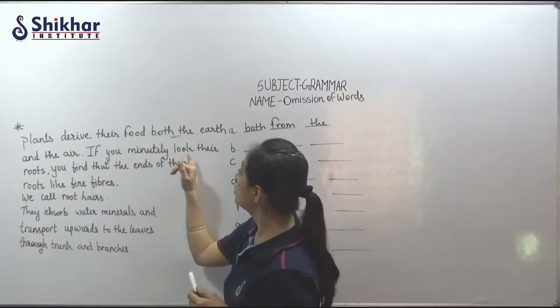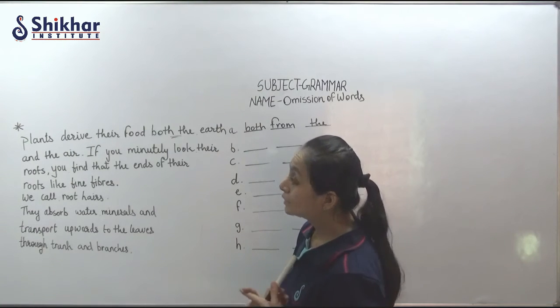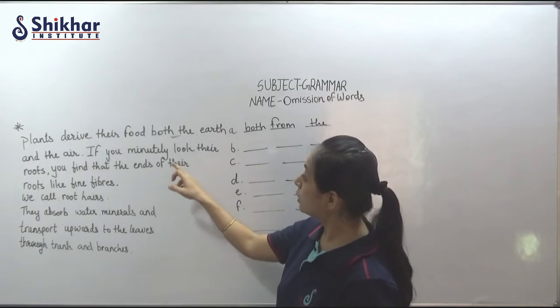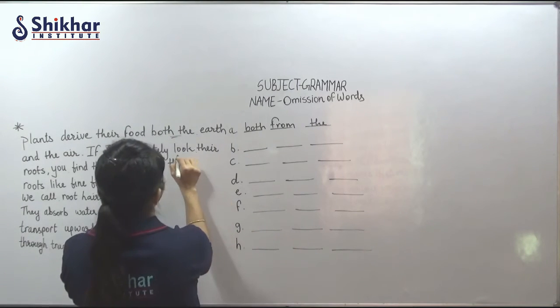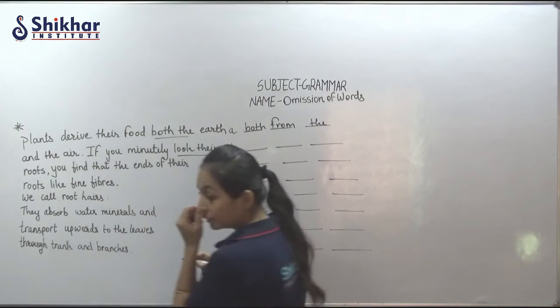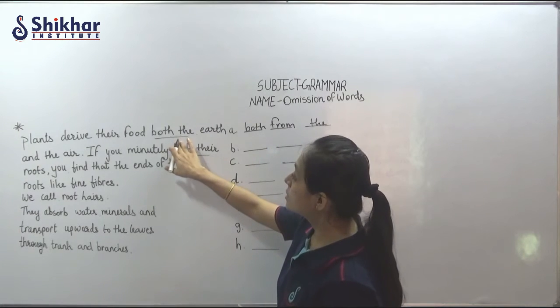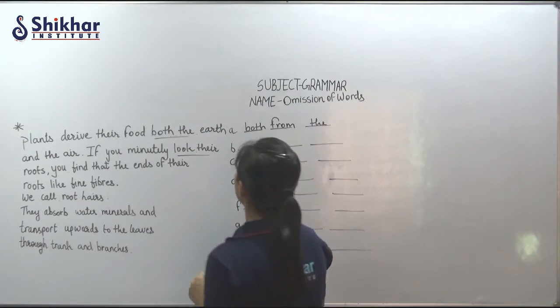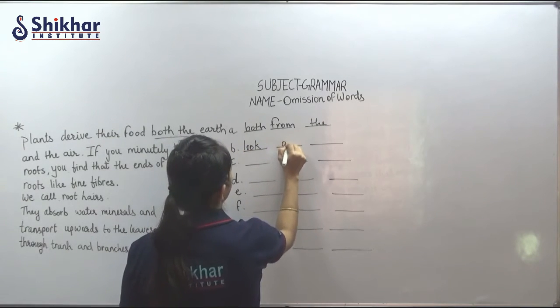If you minutely look their roots, if you minutely look at their roots. Whichever error we are taking, error in the sense of omission of the words, I am underlining here so you get the idea. Look at.